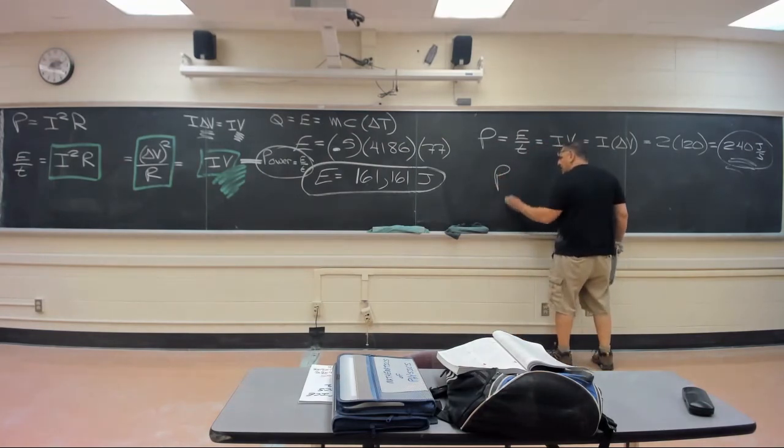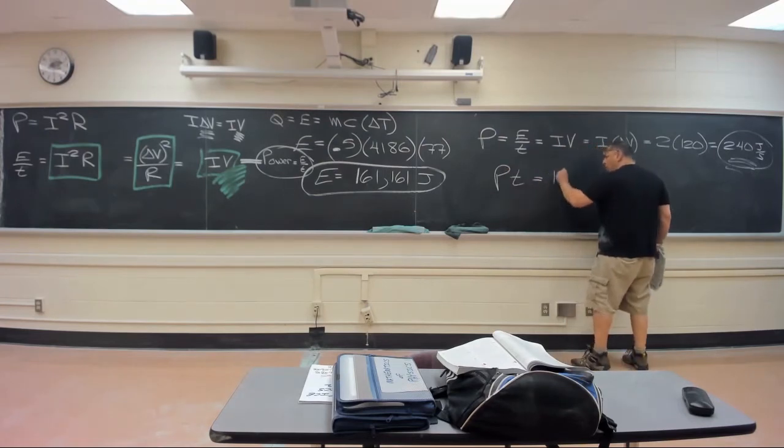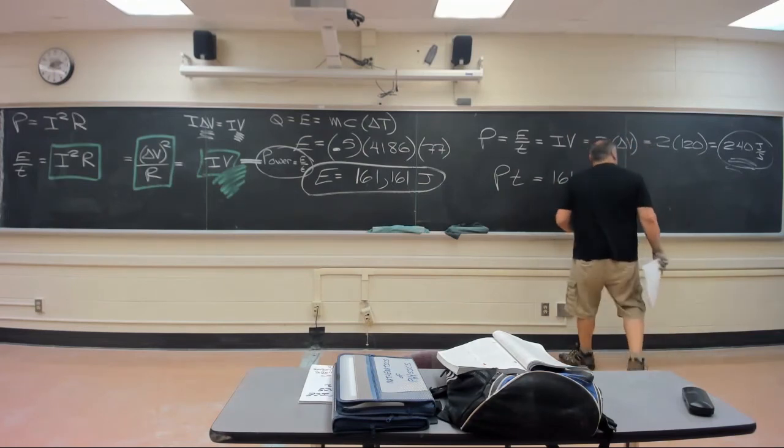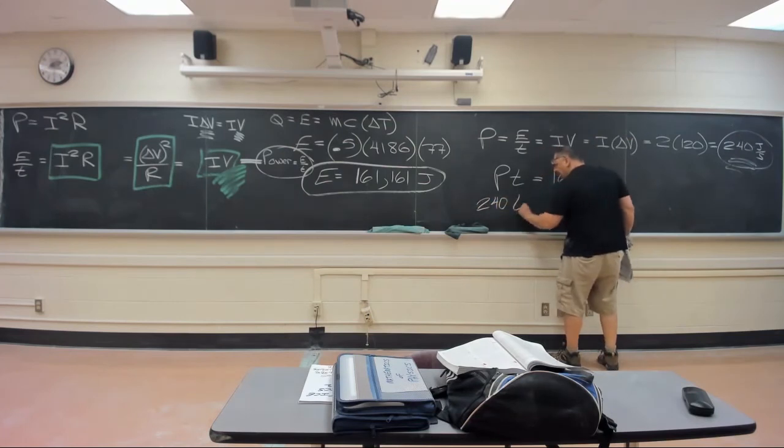Power is work divided by time, times time. Work divided by time times time will give you the work. 240 joules per second.